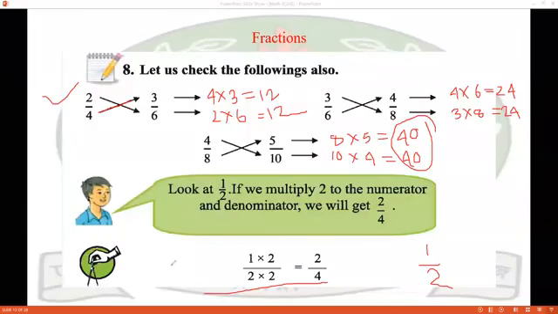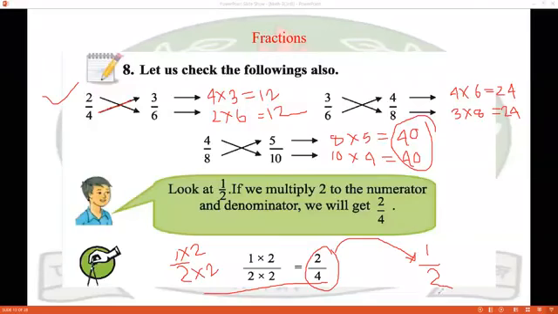So the fraction is half. We have to find out the equivalent fraction of half. Then we multiply the numerator and the denominator by 2. Then we get 2 by 4. So 2 by 4 is also equivalent to half, because we get 2 by 4 by the multiplication by 2 of the numerator and the denominator of the fraction 1 by 2.